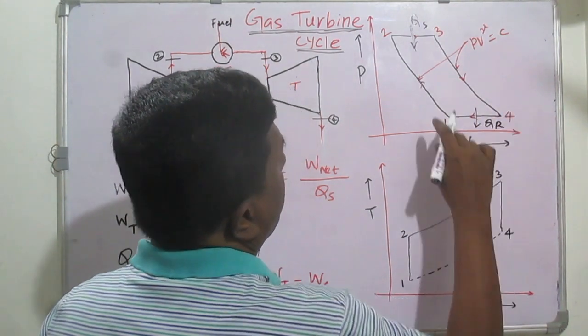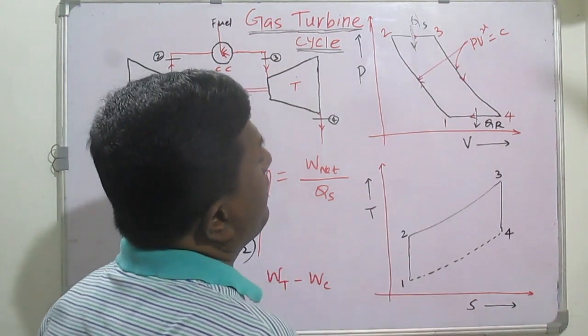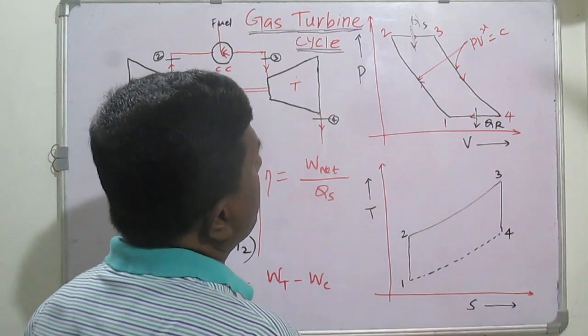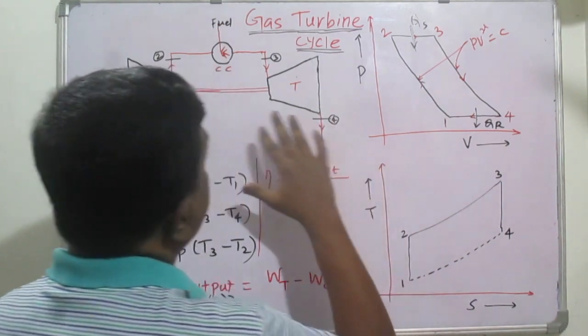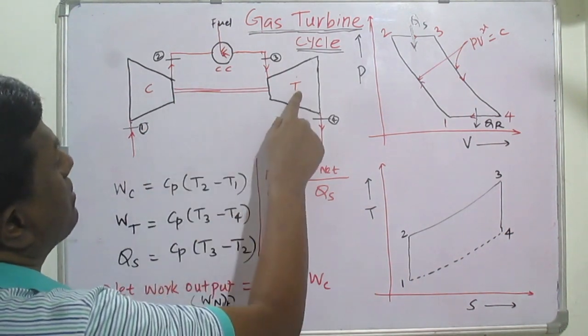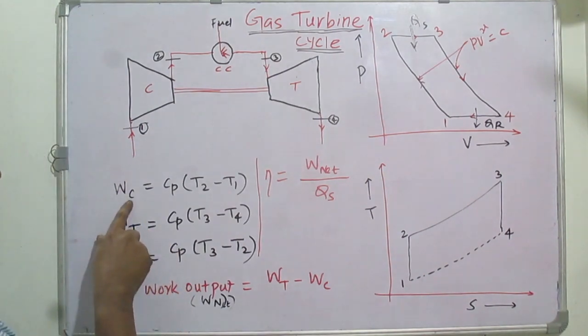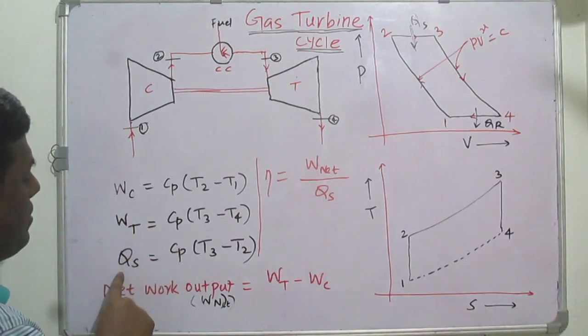Using only heat supplied and heat rejection we derive the Brayton cycle efficiency, whereas in the case of the gas turbine we consider the turbine work as well as the compressor work, and also the heat supplied.